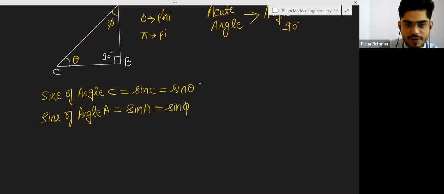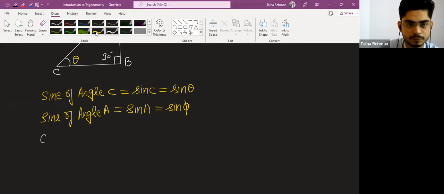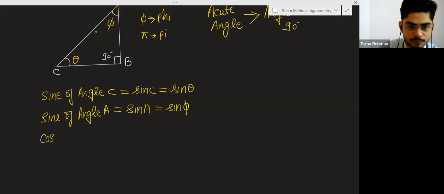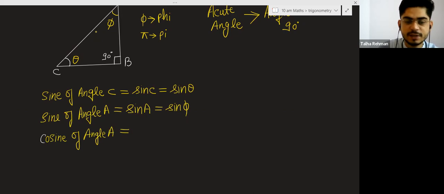Like sine of angle A, there is one more term, cosine. Cosine of angle A, and you will write it in the short form cos A, and this can be written as cos phi.